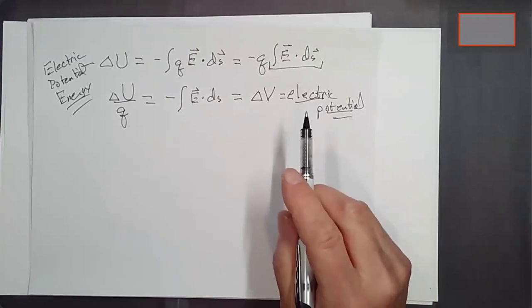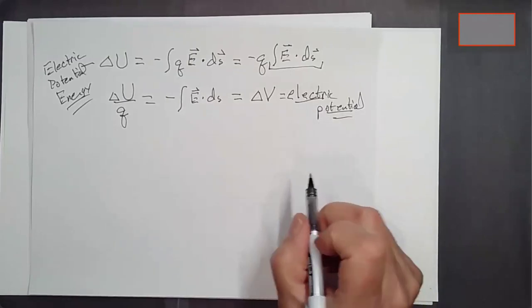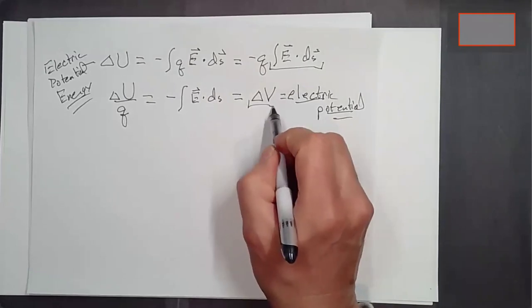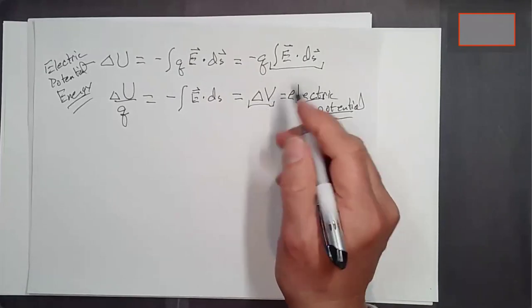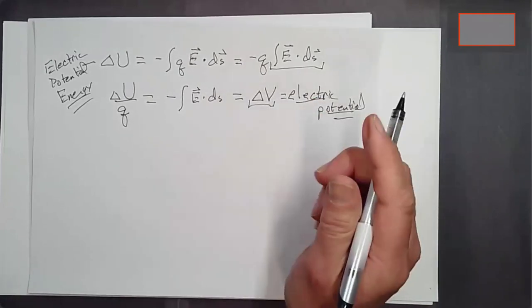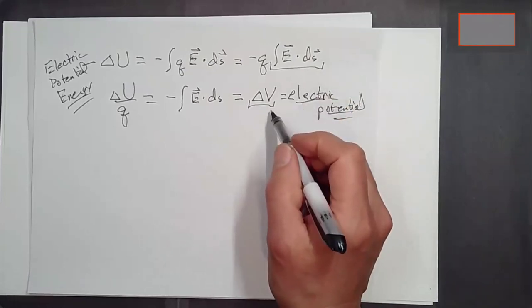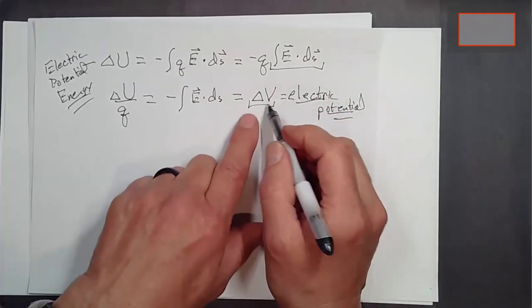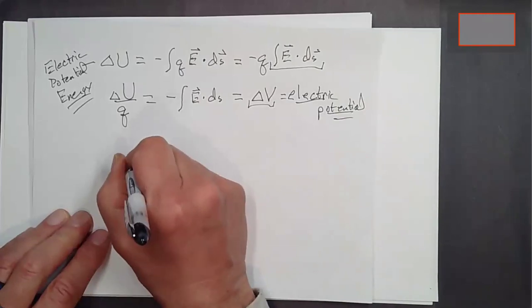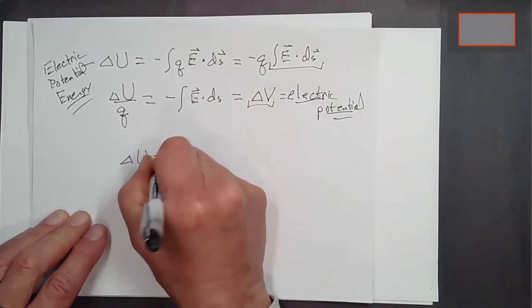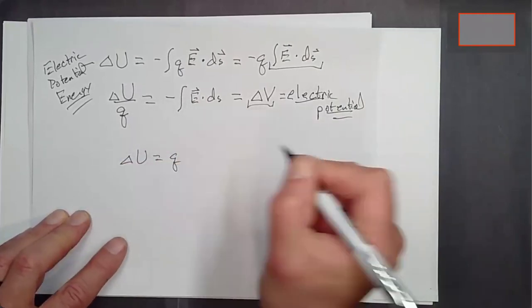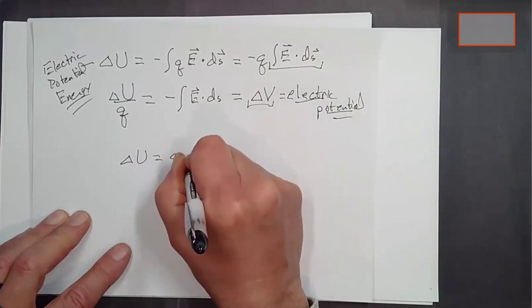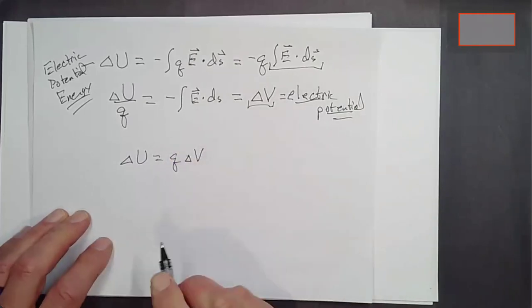And so we've got weird stuff in here. And this is independent of the charge that you take across that thing. If we want to know what the change in potential energy is, we do something like just do this. Take whatever charge you have and multiply it by the delta V that you happen to get.